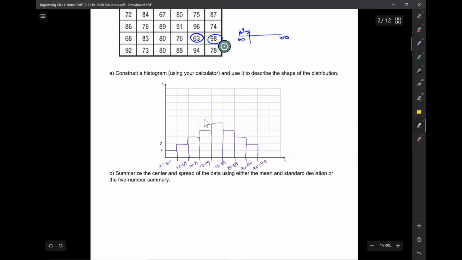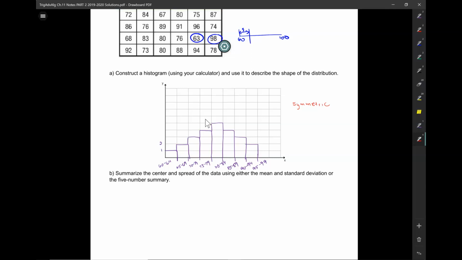Right? And you can see how easy that was. All right, so let's describe the shape of this distribution. Okay, so this looks pretty symmetric to me, right? It's never going to be perfect, but this is pretty darn good. All right, now summarize the center and spread of the data using either the mean and standard deviation or the 5-number summary.